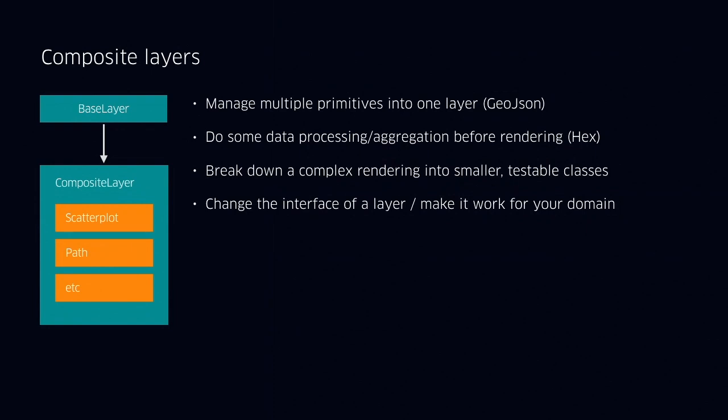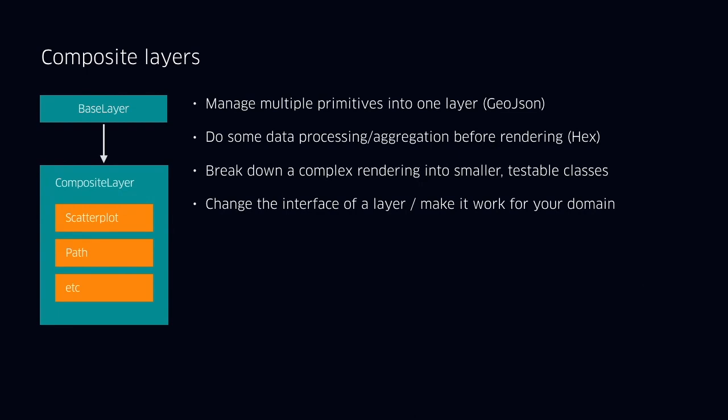So finally, what I feel is the most powerful thing that you can get from deck.gl is its composite layers. We talked really briefly about this when I mentioned the GeoJSON use case, but you can manage multiple primitives in one layer. For example, you want to parse GeoJSON. GeoJSON has multiple kinds of geometry types.